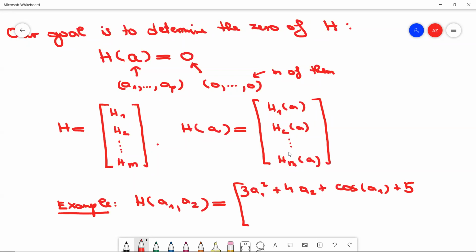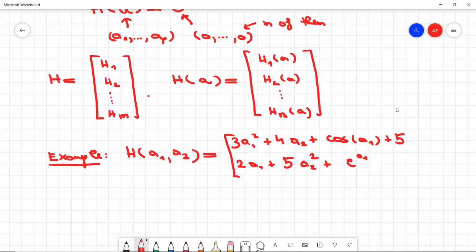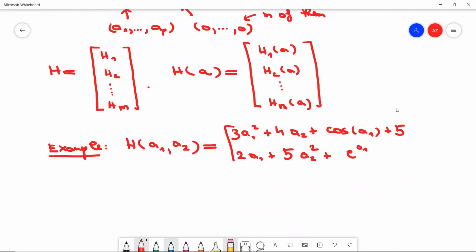And then the second coordinate is 2a1 plus 5a2 squared plus a to the power of a1. And we can have more coordinates. So a1 a2 plus a1, 5a1 plus tangent of a2.